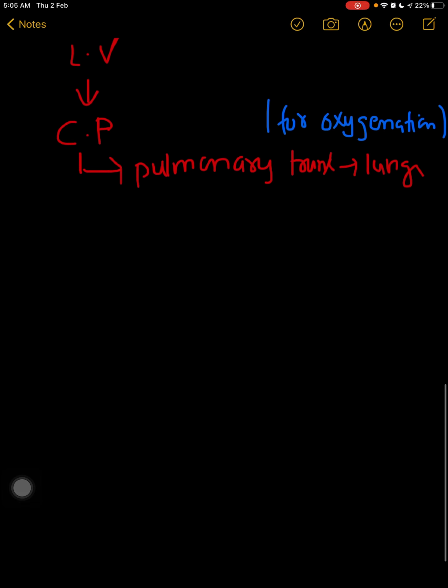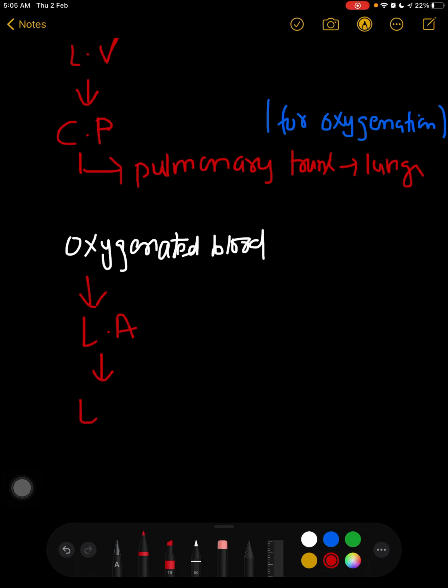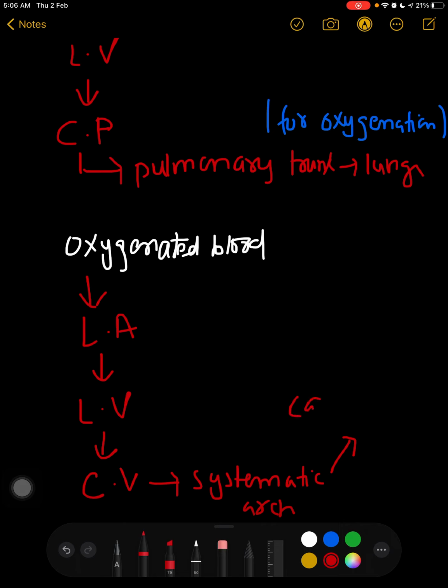Okay, now what will happen? The oxygenated blood will come in left atrium to left ventricle to cavum venosus to systematic arc, and the systematic arc basically divides into carotid arc, coronary arc, and into many other, like it gives blood to the whole body.